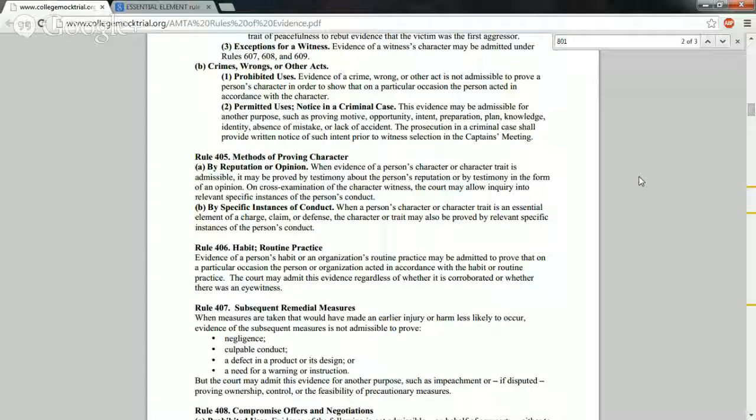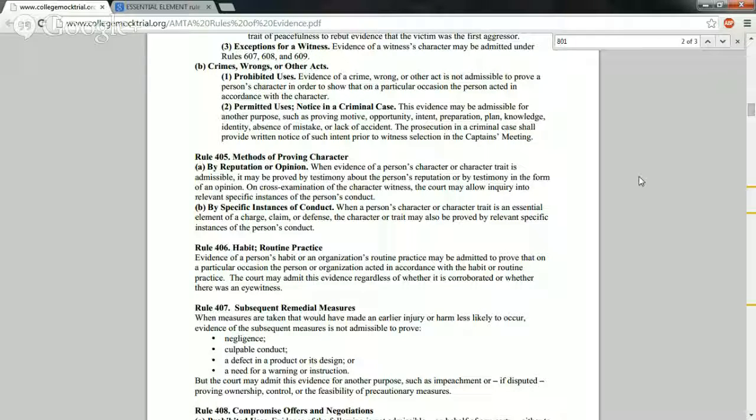So imagine Campbell Solo attempts to bring in evidence of Jesse's violent behavior at school. The way I would respond is, objection, Your Honor, improper character evidence, if I may be heard.